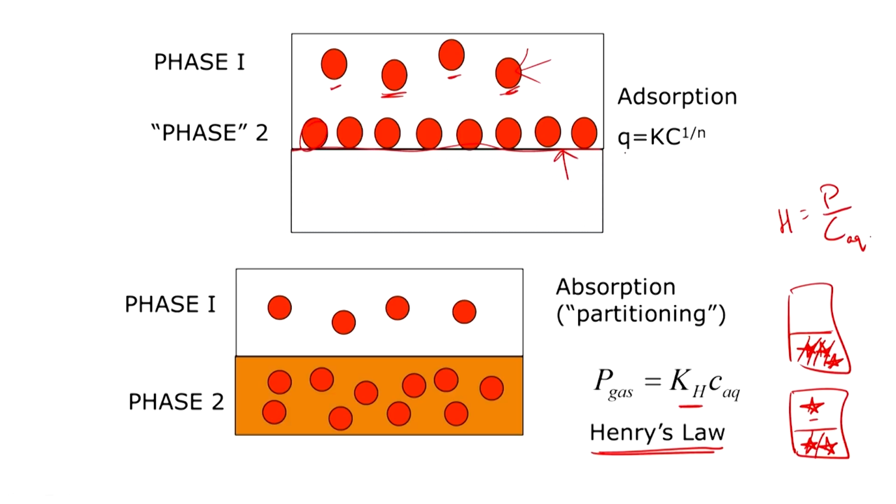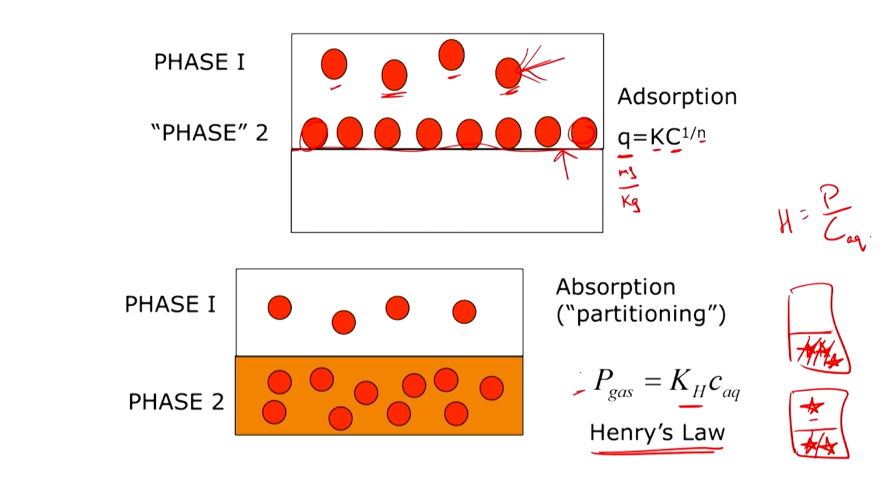The concentration of the compound adsorbed onto the adsorbent is Q, milligram of the compound adsorbed per kg or gram of the adsorbent. K is a constant, and N is also a constant that depends upon the relevant property of your particular system. Here C is the concentration of the compound in your aqueous phase.